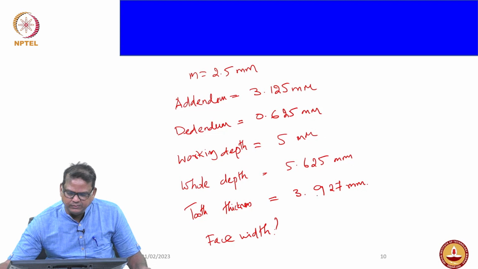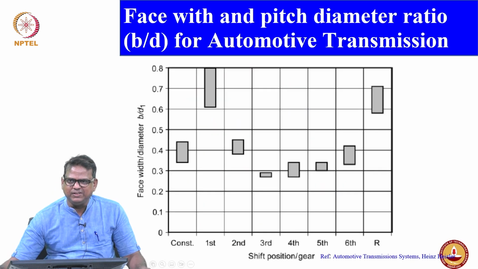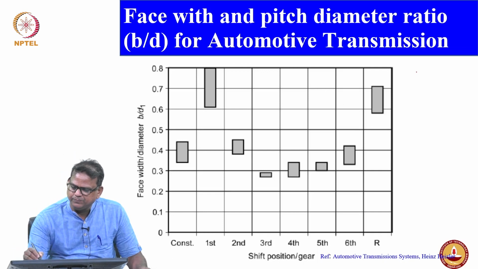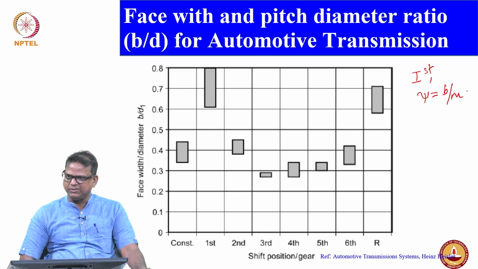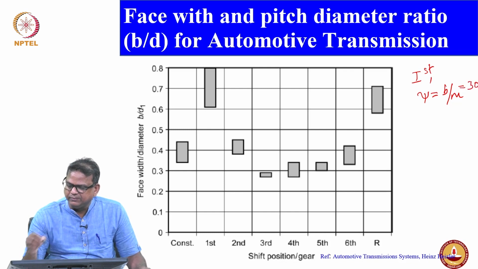Now we will move on. So this is what we have chosen. Remember, for the first gear we have chosen the psi ratio, in terms of B by m. We have chosen B by m as 30.